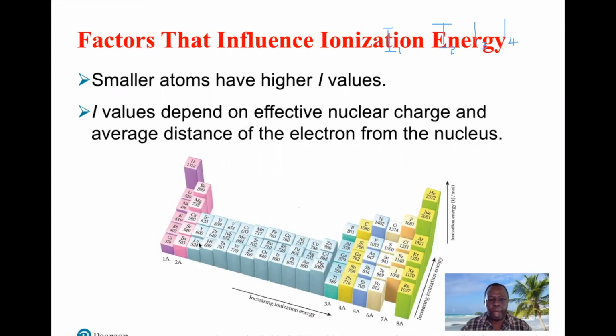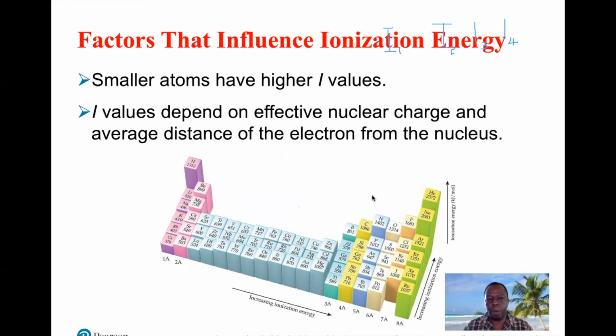I don't want you to memorize the numbers you see here for each element. These are the first ionization energies. If you look at hydrogen, it is 13.6, so it is very difficult to remove electrons.